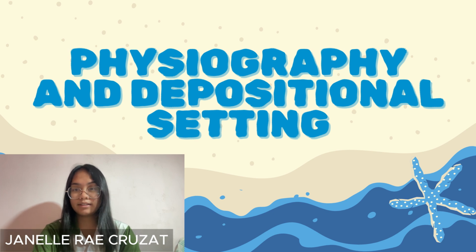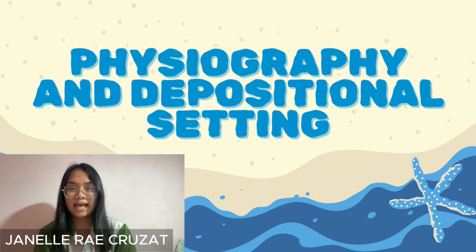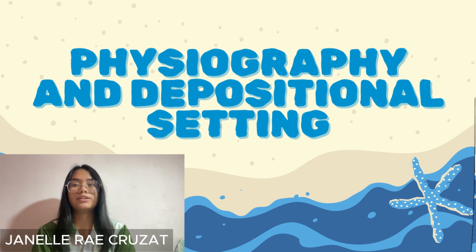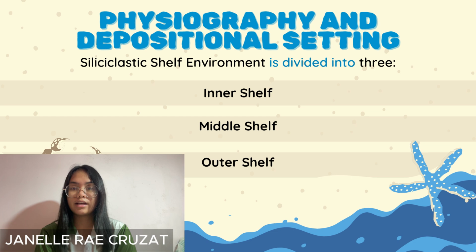Is it depth, waves, maybe even ocean currents? Let's find out. So, in the next slide, we'll look at how the siliciclastic shelf environment is divided into three distinct zones: the inner shelf, middle shelf, and outer shelf.